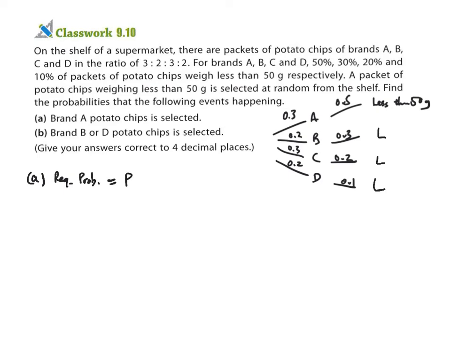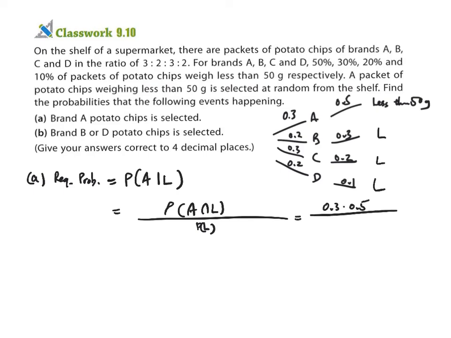That means given that this is less than 50 grams and it is from A. So the given condition is L, so we want to find the probability of A and L. So it is 0.3 times 0.5 for the numerator, and for the denominator you have to add up all of them, 0.3 times 0.5 plus 0.2 times 0.3 plus 0.3 times 0.2 plus 0.2 times 0.1, which means A and L, B and L, C and L, D and L. And then the result is 15/29.